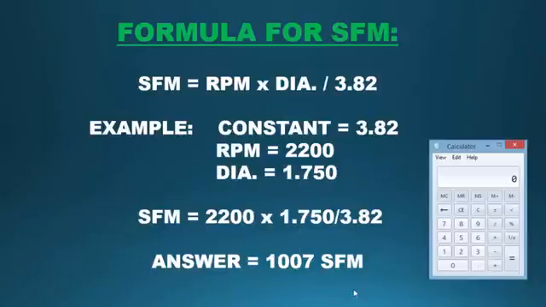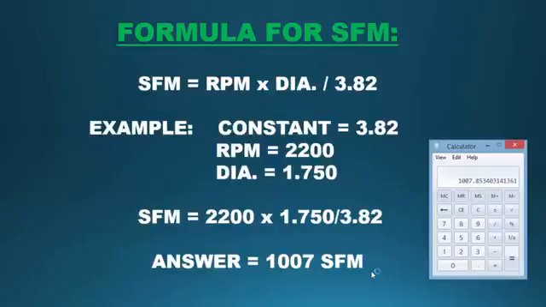So let's get the calculator back out and plug in those numbers. We have the RPM of 2200. We're going to multiply that times the diameter of 1.750 and then divide that by 3.82 equals 1007 surface feet per minute.